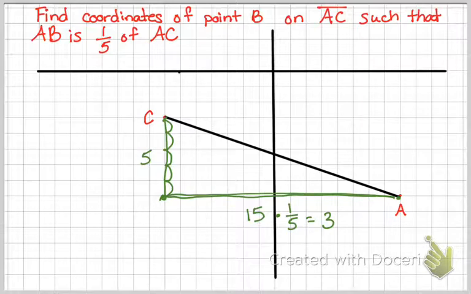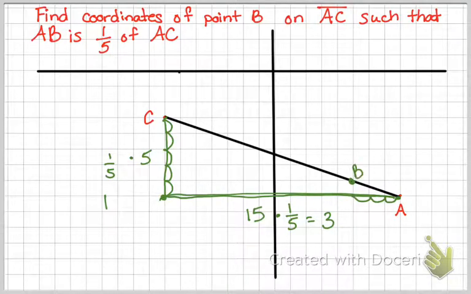The vertical direction, I have 5, and if I multiply that times 1/5, I get 1. So the coordinates of B, if we move up or move left, because we know it's somewhere in between here. So if we move our x's, we're going to move 3. So 1, 2, 3, and we're going to move up towards our line 1. Our point here for B is right here.